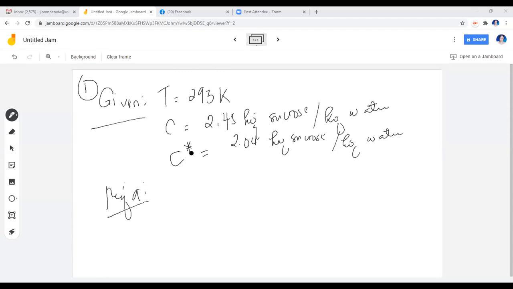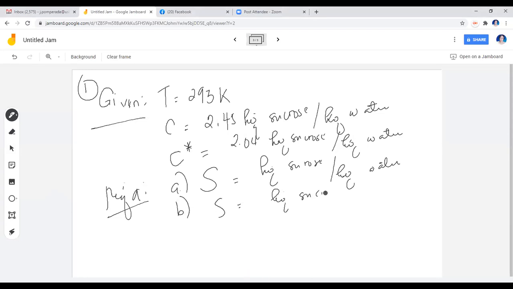We are required to find the supersaturation ratio in kilogram sucrose per kilogram water, and also in kilogram sucrose per kilogram solution.